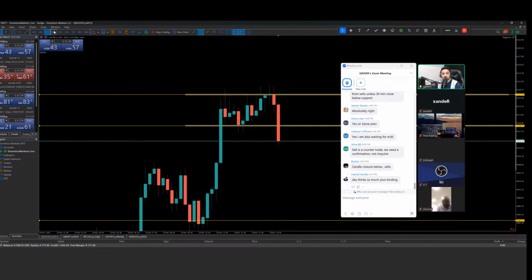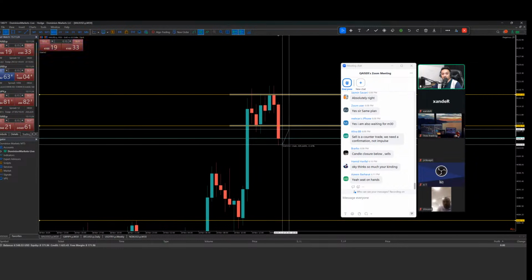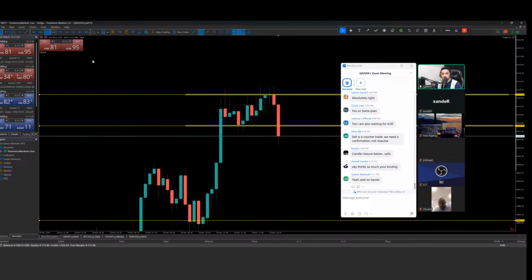In the other scenario, if it closes far away from the support area, I will consider that it has already moved a lot, so I'm not going to give my trade a chance. Then I will wait for the new structure to be formed. But in this situation, I have a plan and I will only stick with that one.